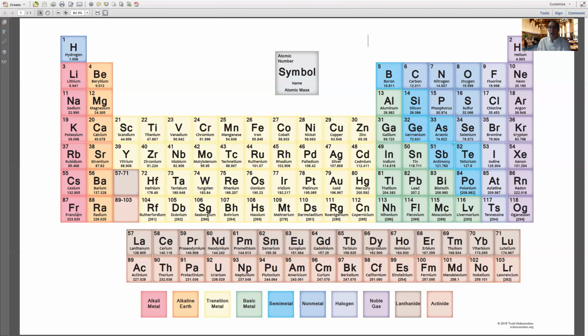We're going to be able to talk about things like, as we go from the left side of the periodic table to the right side, interestingly, they get smaller in size. That's an odd thing to think. We also will learn that as we go from the left side of the periodic table to the right side, there's a greater interest in electrons.